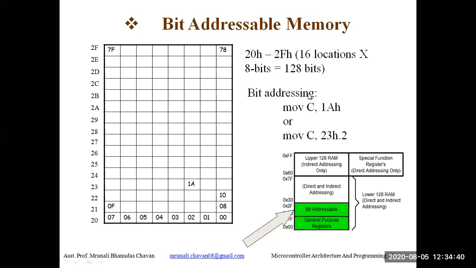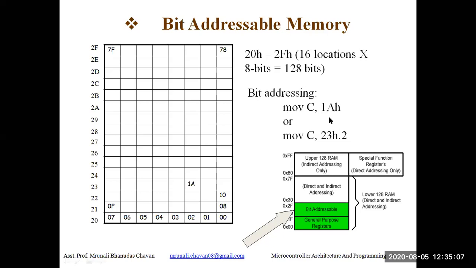See here one example. If we write the instruction like this, MOV C, 1AH, here C means carry bit. If we have to transfer the data at memory location 1AH to C, we can use this instruction.